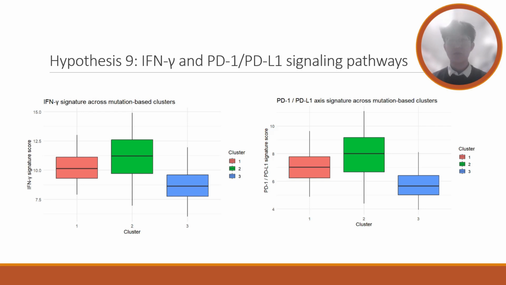Cluster 2 shows the strongest immune activation, with higher IFN-gamma and PD-1/PD-L1 signaling, consistent with an immune-hot tumor microenvironment. Cluster 1 and 3 display much lower pathway activity, reflecting more immune-cold or suppressed states. This pattern supports the hypothesis and suggests that cluster 2 tumors may be more responsive to immune checkpoint therapy.